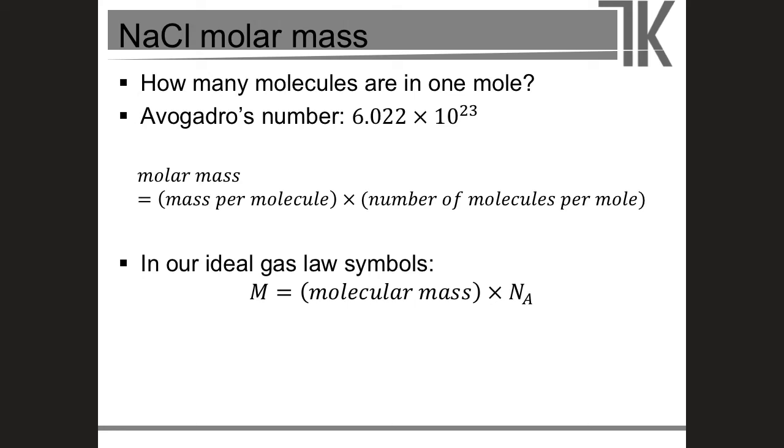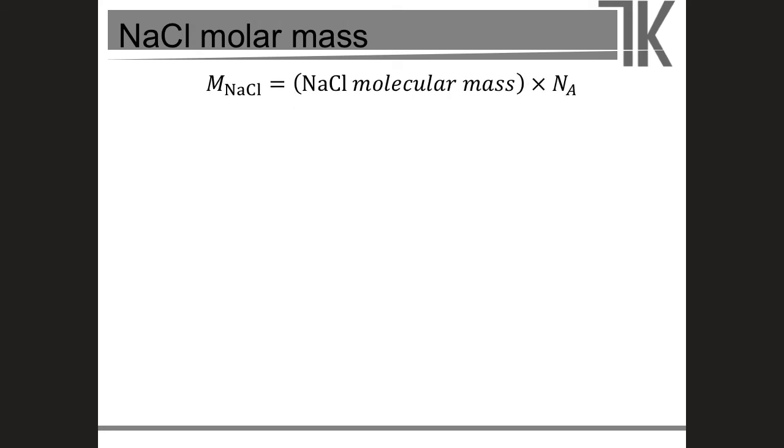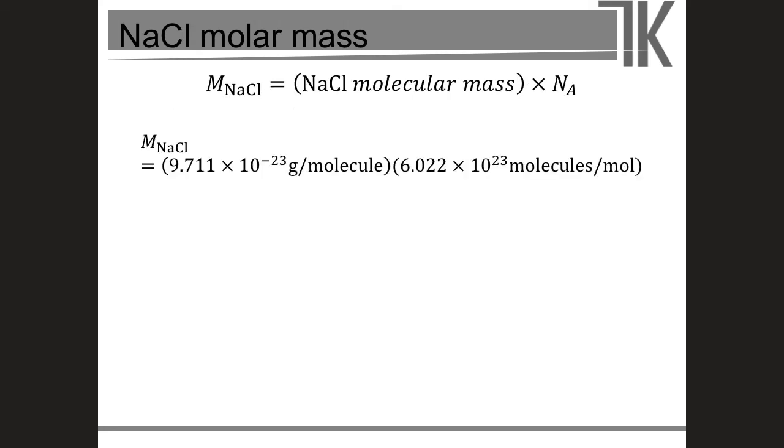So going back to our example of sodium chloride, we had a molecular mass of 9.711 times 10 to the minus 23 grams, which is per molecule. And we know that Avogadro's number is the number of molecules per mole, which is 6.022 times 10 to the 23.